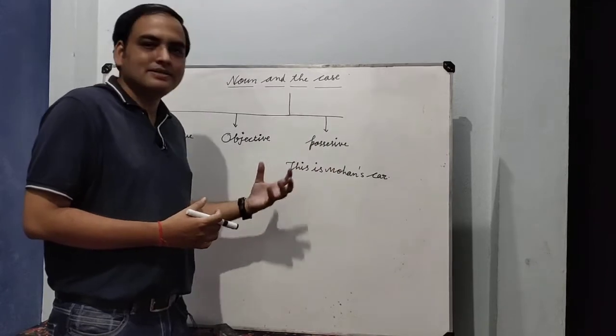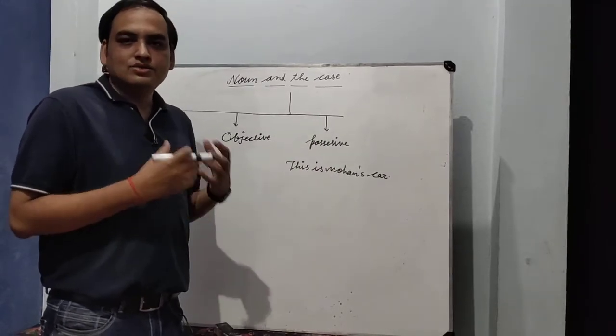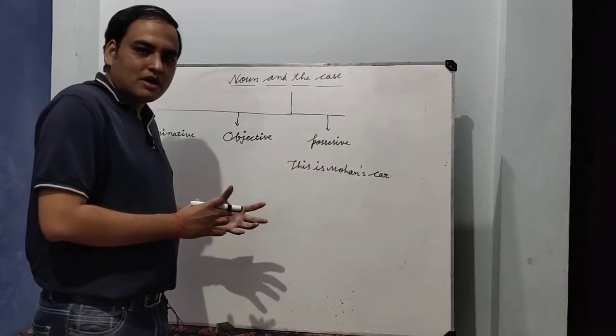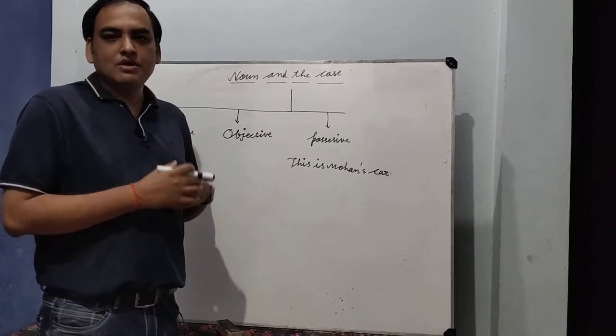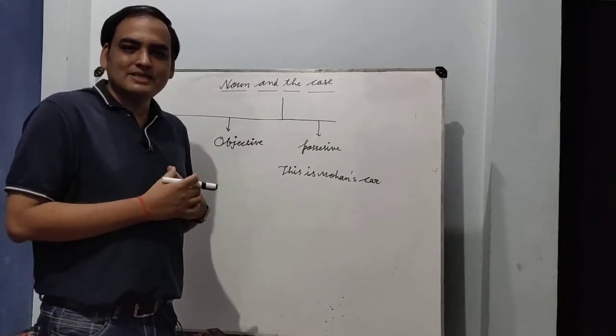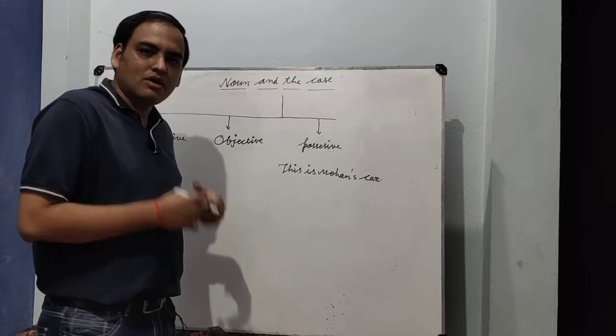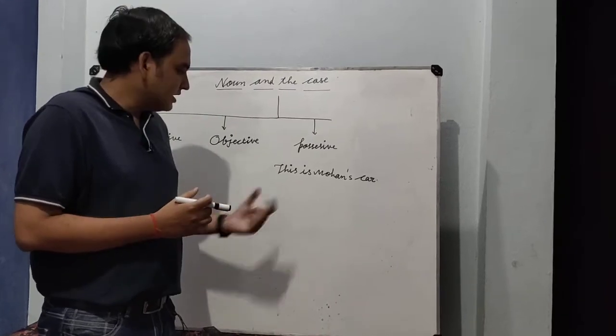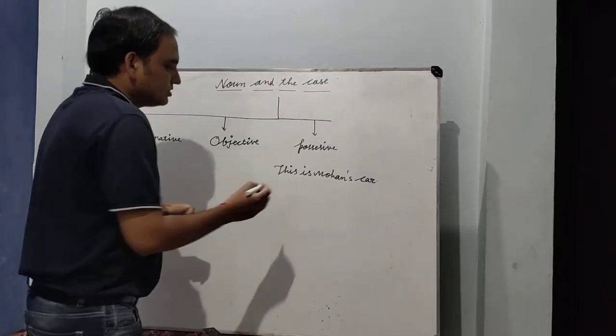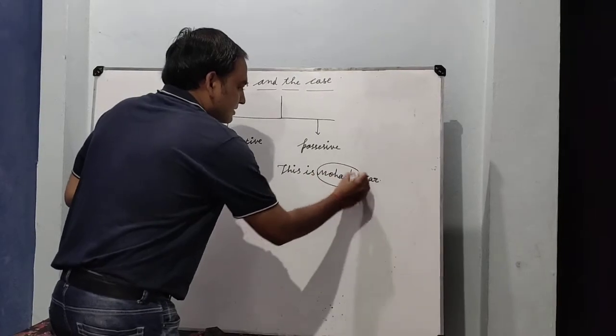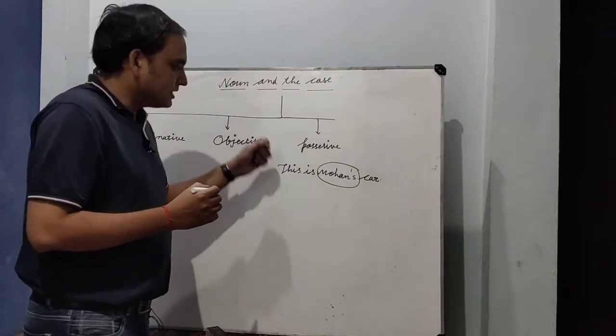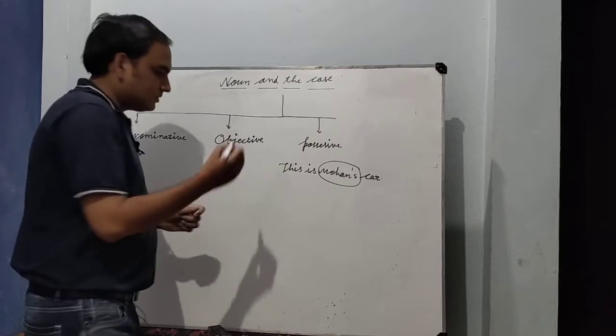So possessive case shows the relation of noun with another noun or pronoun, or the possession of noun with another word. So here this apostrophe represents possession or possessive form of noun.